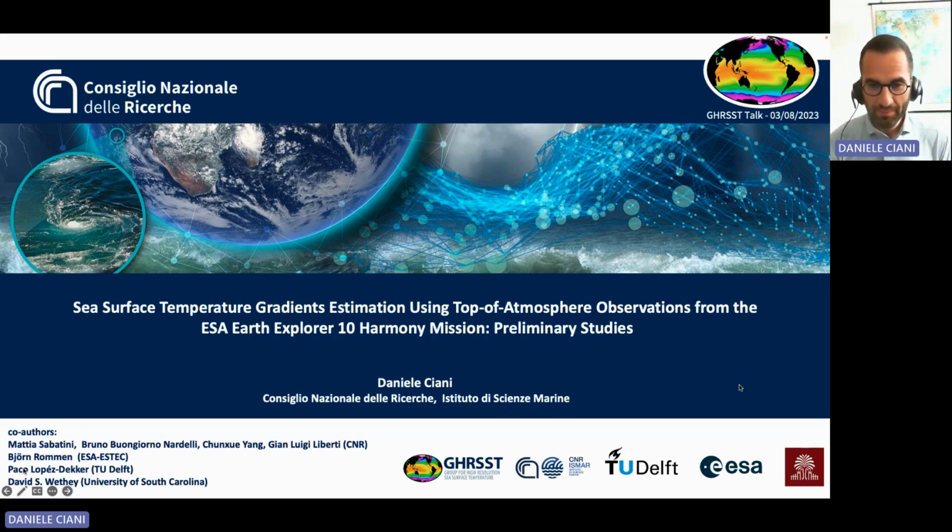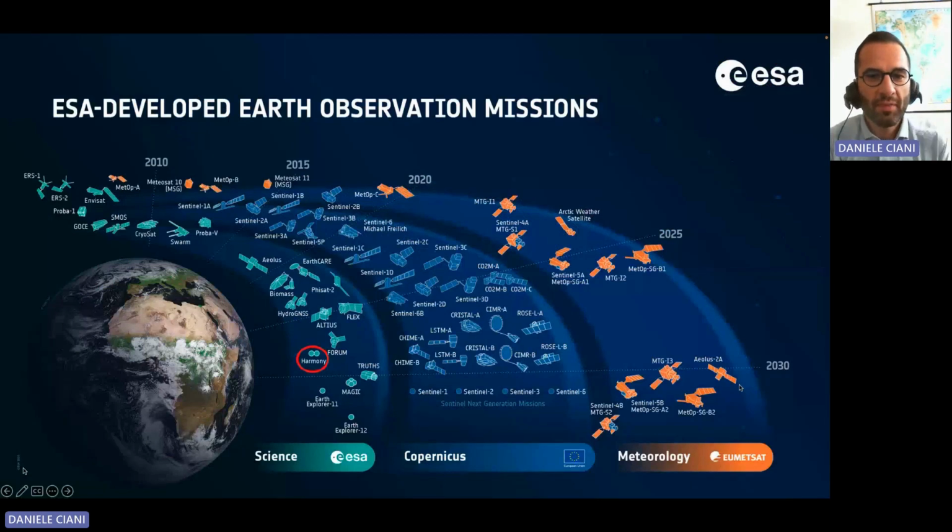So I start this talk with a very brief outlook of the Earth observation missions developed by the European Space Agency. From this slide, you mainly recognize three main branches in which missions are developed. And the Harmony mission lies in the science section.